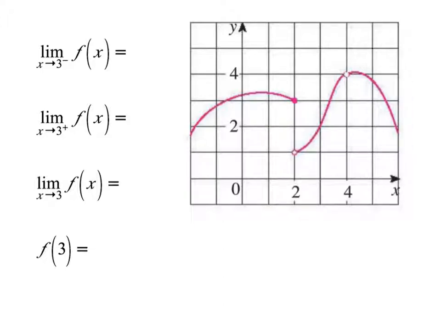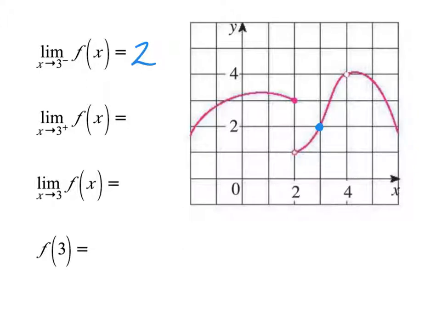So what that means then is that I have the point 3 right here, and I'm looking to see that as I'm going along this graph from the left-hand side, and I'm approaching 3, what am I getting really close to as I get really close to 3? What's the y value? It's 2. Yep. And so in this case, the limit as x approaches 3 from the left side is 2.